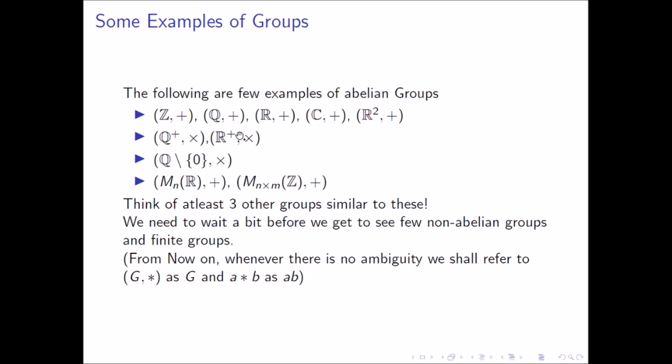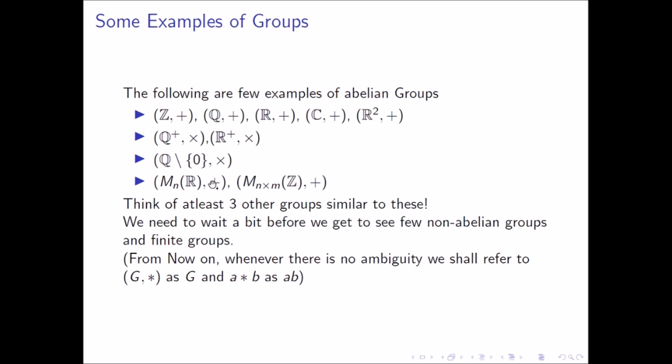Similarly, M n cross m represents the set of all n cross m matrices over Z, the set of integers over here. And that, along with matrix addition in this set, is again a group. In fact, over here you could have replaced it with any of these sets, and over here as well.